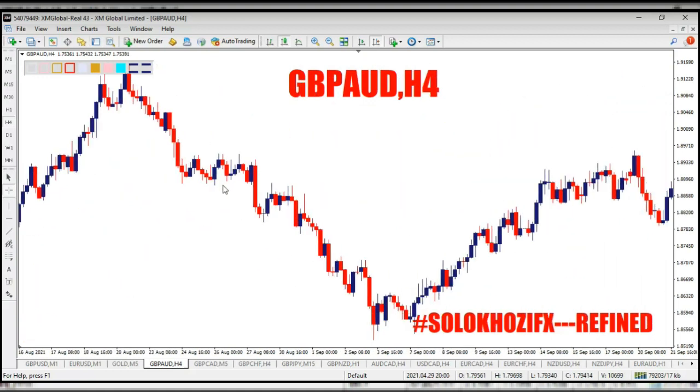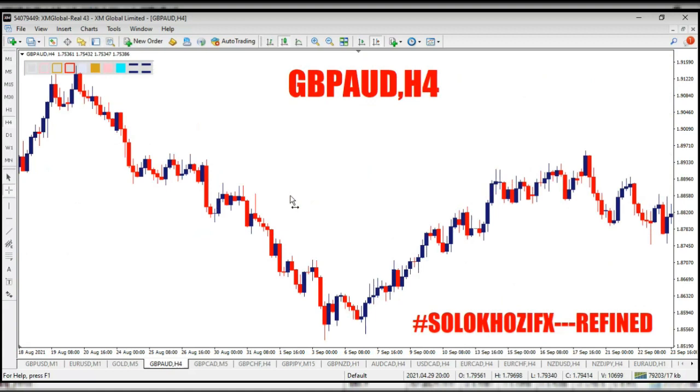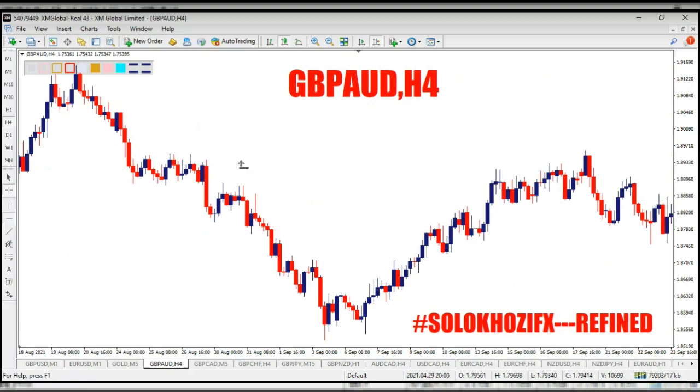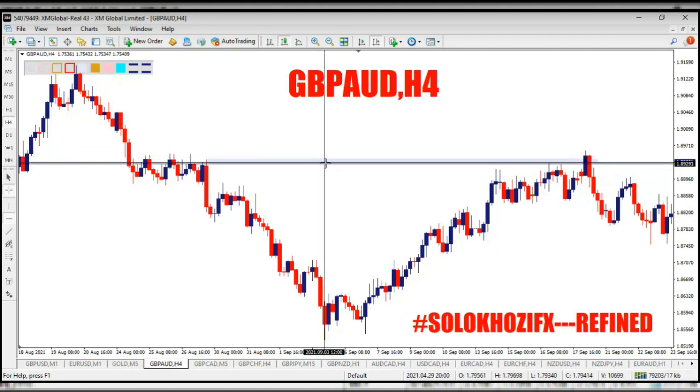Remember, we're still applying the very same method. Like this here. Okay, we had one here. We had one here. So this was going to be a zone. So if we're scaling 30 pips, let's scale 30 pips stop loss.